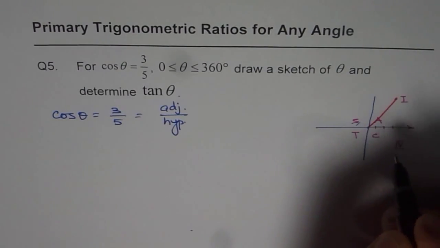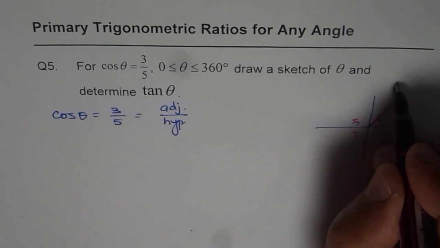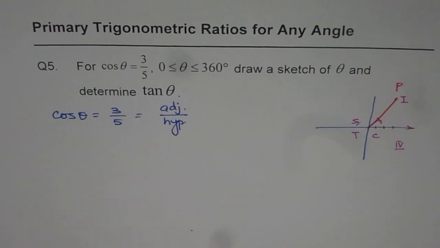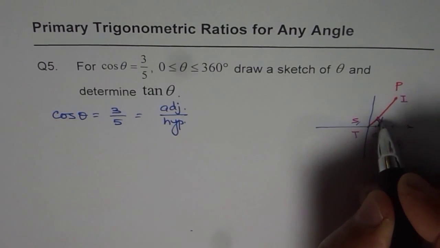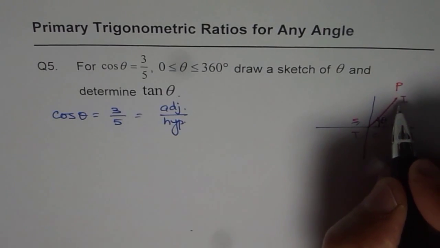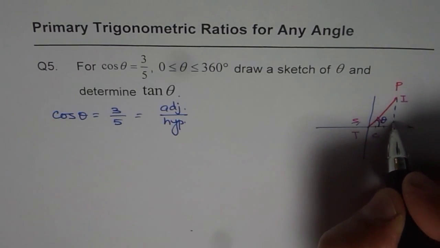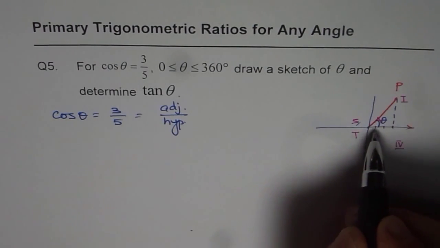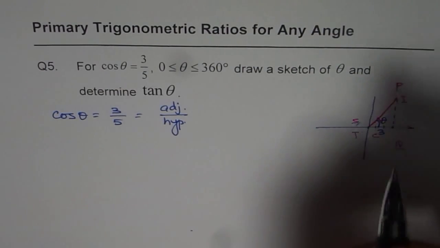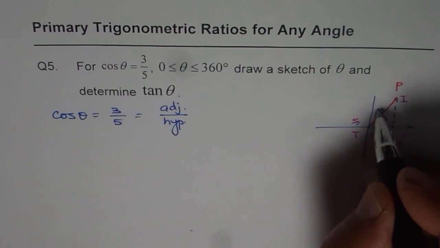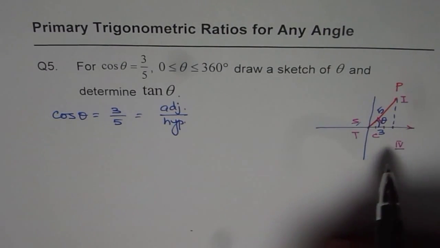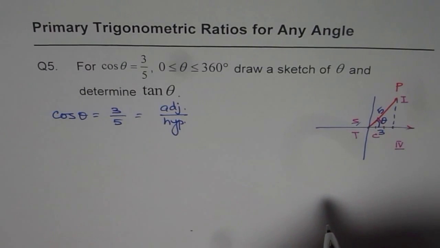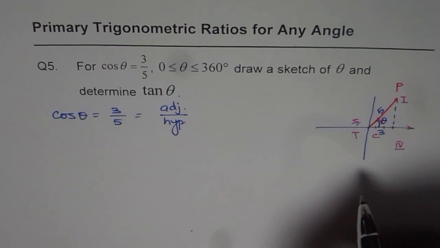So that point represents the point P for which the angle is theta. So this is one of our angles, theta. What we have here is 3 units along the x-axis and 5 units along the radius or hypotenuse. That makes it a cos theta value of 3 over 5. But remember one thing.